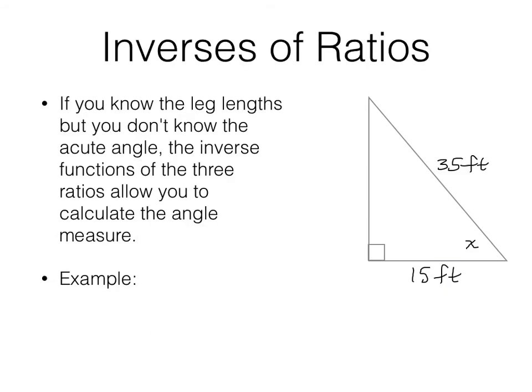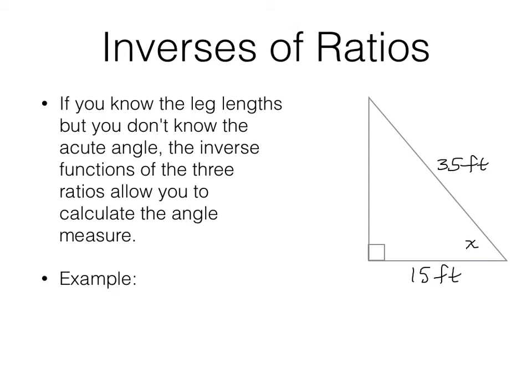Okay, sometimes you have the situation where you know a couple of your leg lengths, but you don't know any of the acute angles of the triangle. So you don't know either this angle or this angle. And what we have are inverse trig functions that allow you to calculate this angle measure. Now, if you notice on your scientific calculator, they're usually accessible right above your sine button.